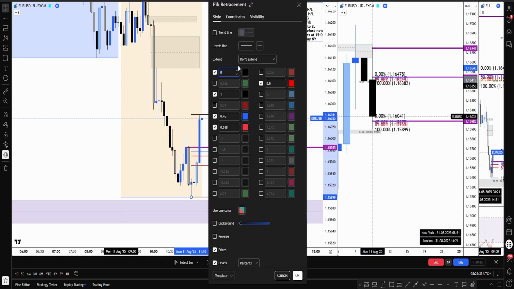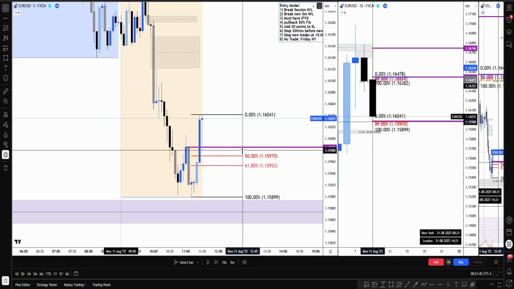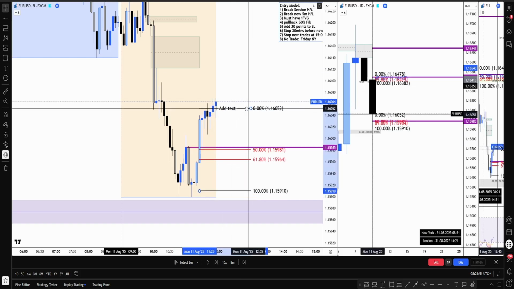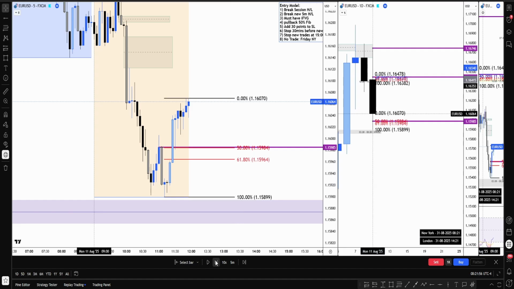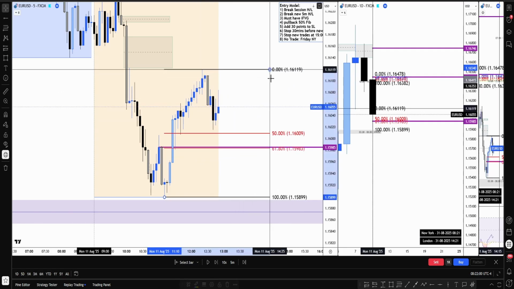Actually, what I want to do is remove the 45. I'm sorry, we have to do that. All right, so let's just quickly move forward. We have to wait and wait and wait. Right, there we go. Price is actually going down.